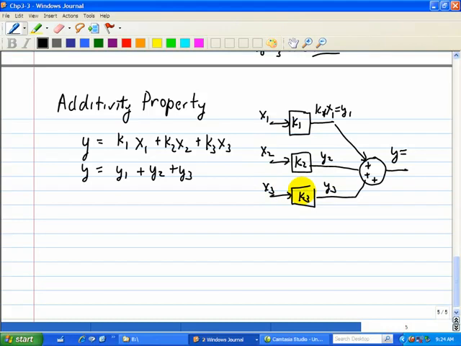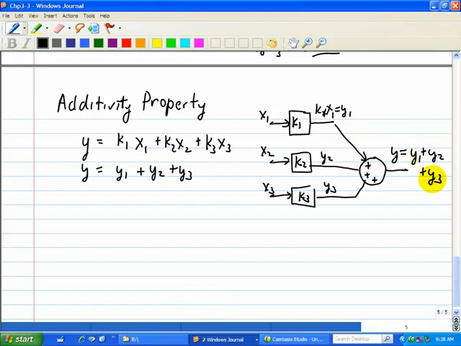So this is what we mean by the additivity property associated with a linear resistive circuit. For the sake of completeness, Y is the output due to Y1 plus Y2 plus Y3.